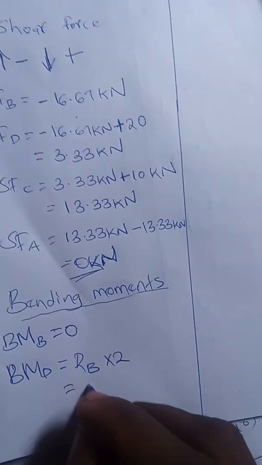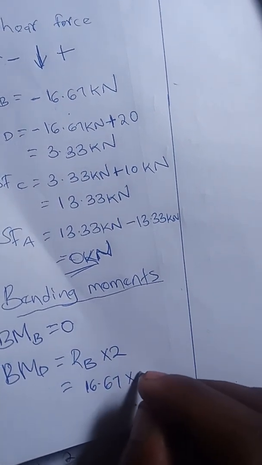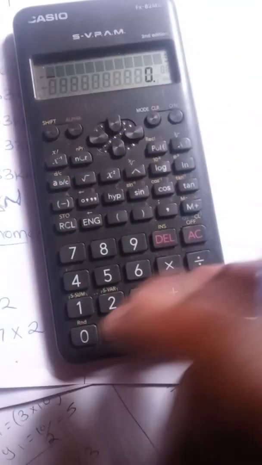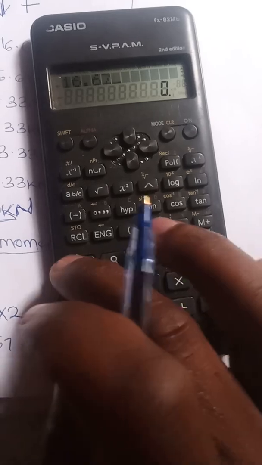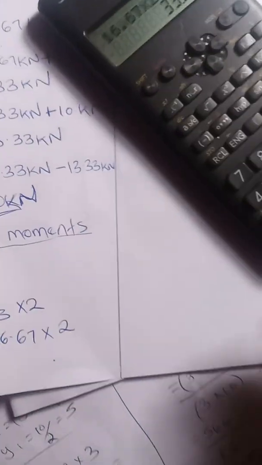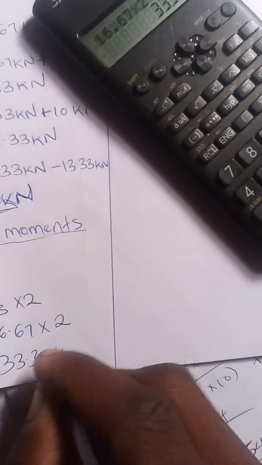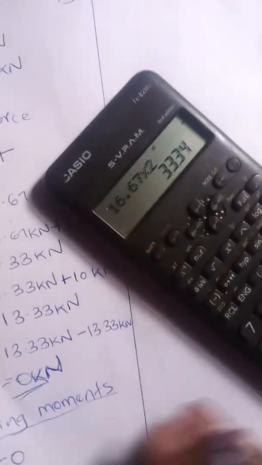What is RB? 16.67 times 2 is equal to 33.34 kilonewton meter.